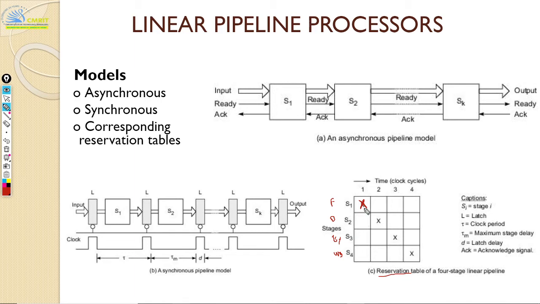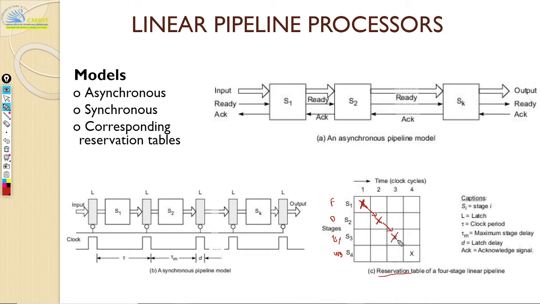Now in time instant 2, what is this guy doing? Your clock is up, right? So you do a tick in your clock, and then you pass the ball. Now X is passed to S2. S2 is working on it in time instant 2, and after S2 is done, it passes the ball to S3.